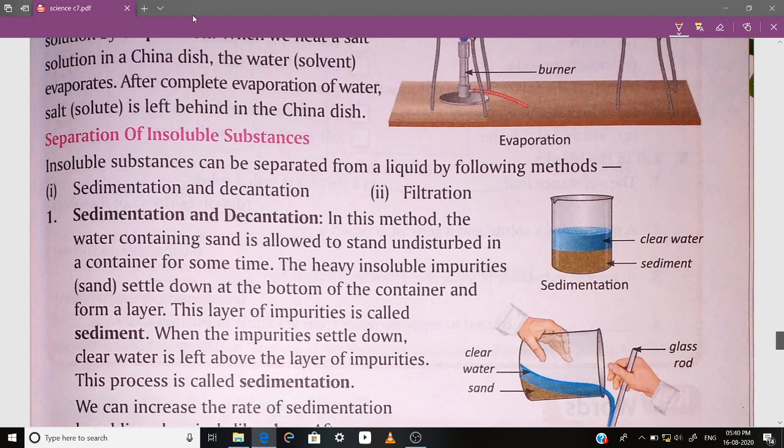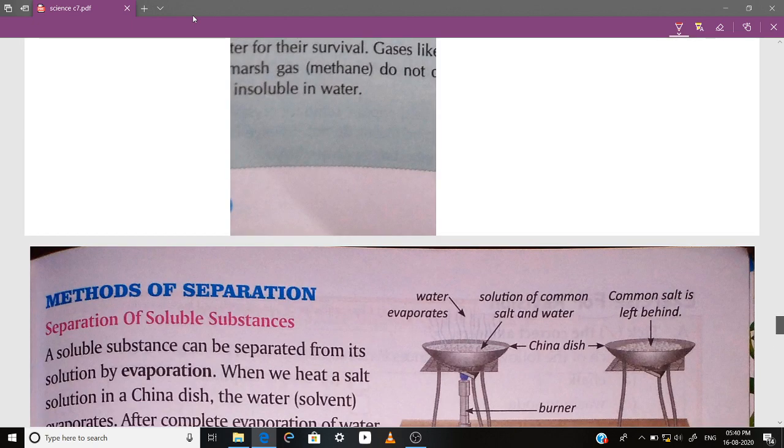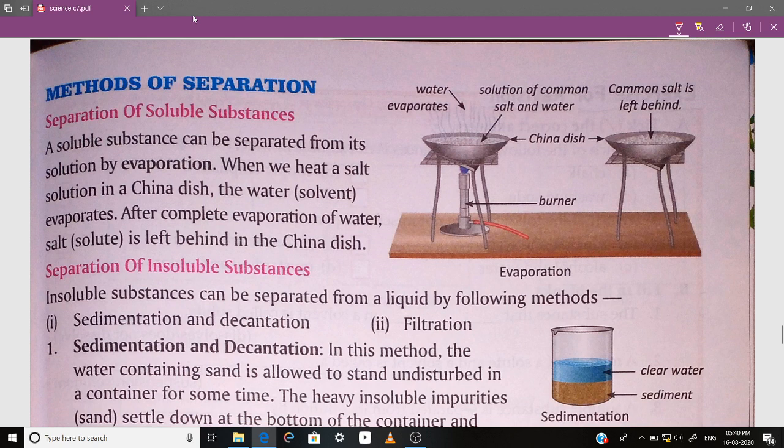Okay, so students, now we will study methods of separation. How to separate soluble substances. For example, a soluble substance can be separated from its solution by evaporation. Suppose you have a glass of water and sugar solution.